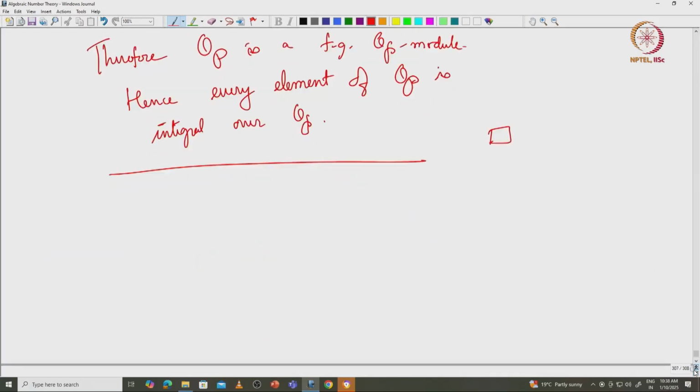So, we want a statement where we do not use this. So, here is a somewhat more general version of Hensel's lemma.